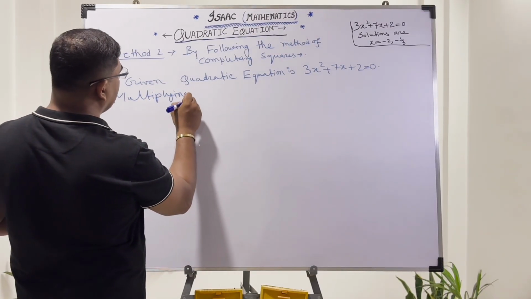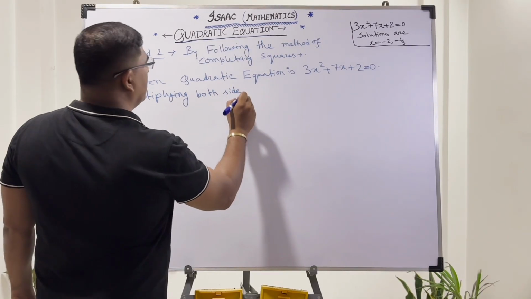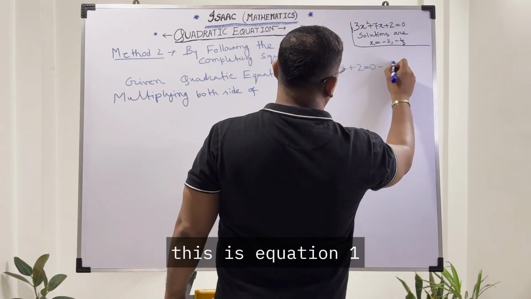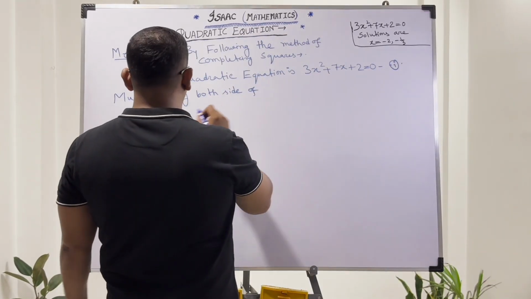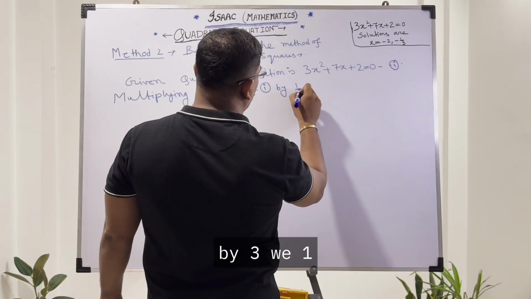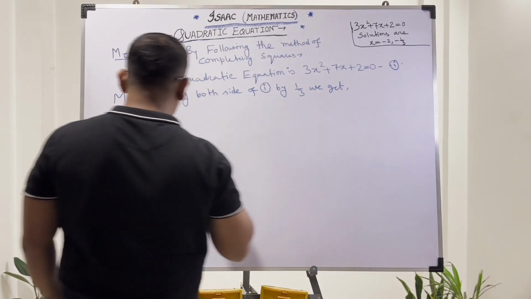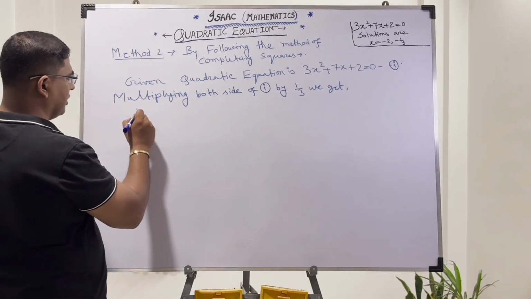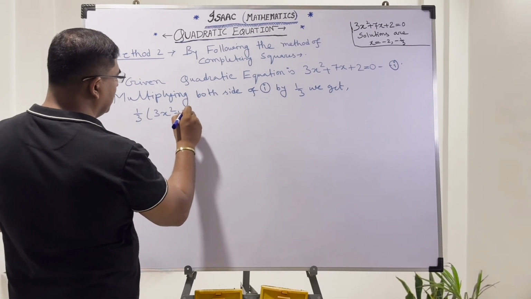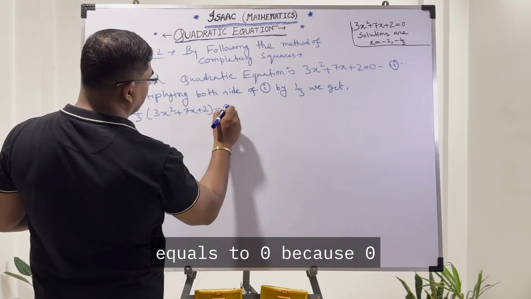Multiplying both sides of equation 1 by 1 by 3, we get 1 by 3 whole into 3x square plus 7x plus 2 equals to 0.